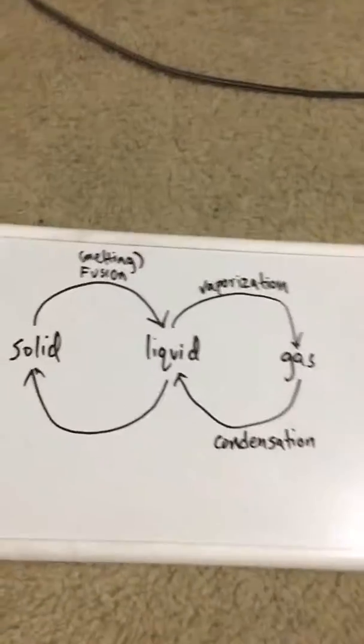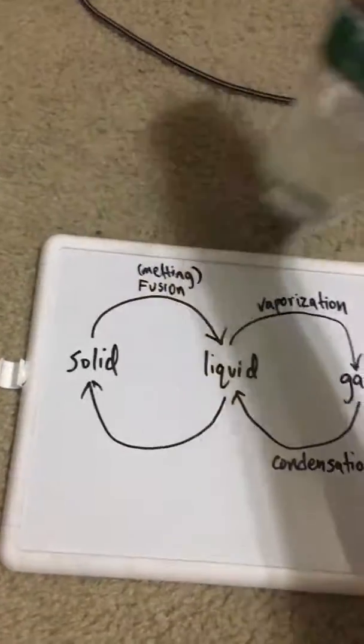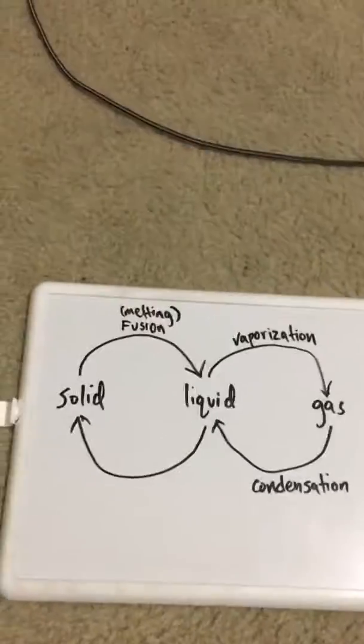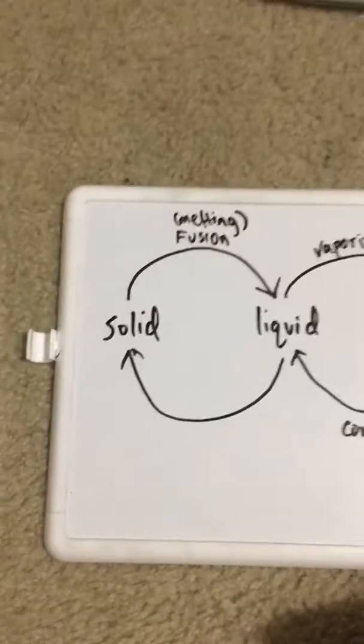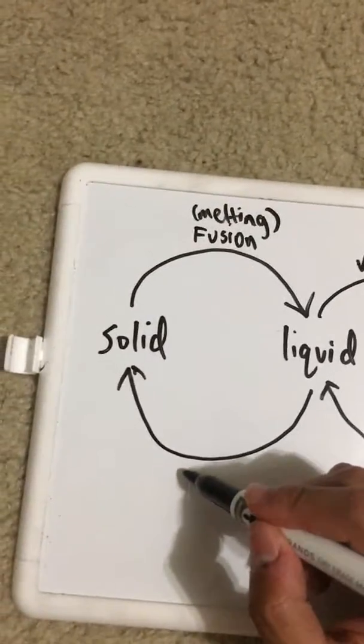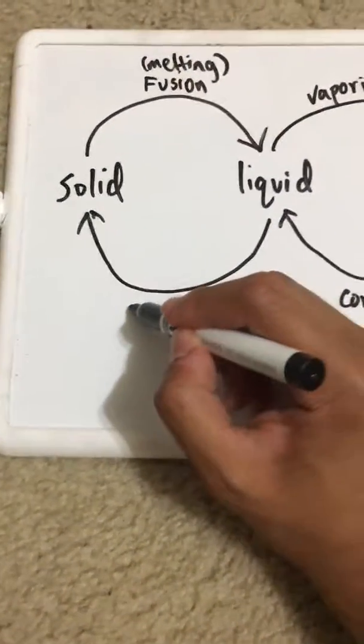This one's pretty easy. From liquid to solid, which is an ice cube. Yeah, freezing. But there's another term for that you should know. It's called solidification.